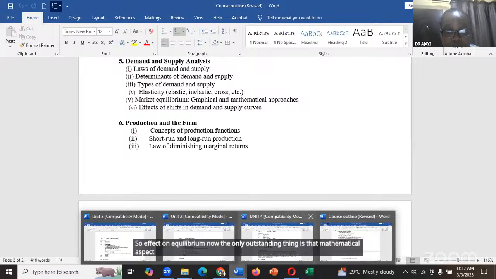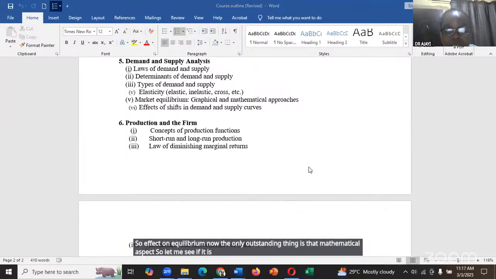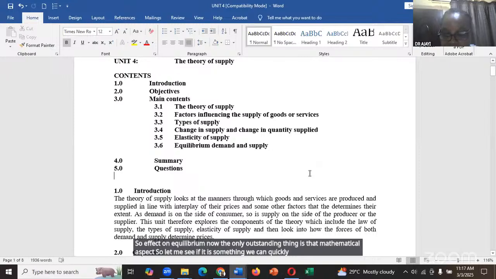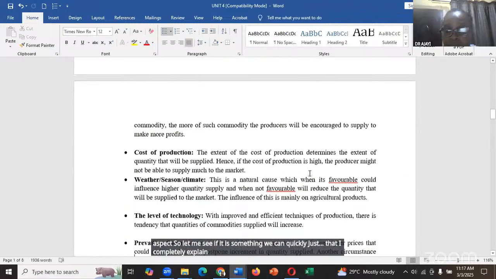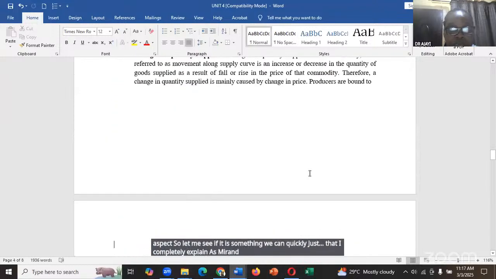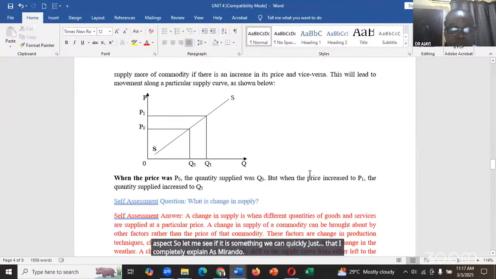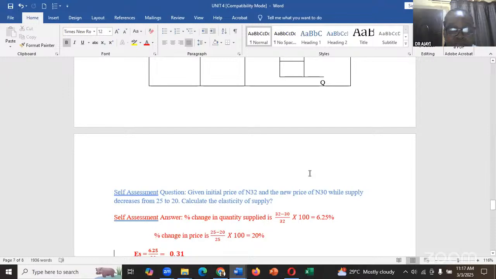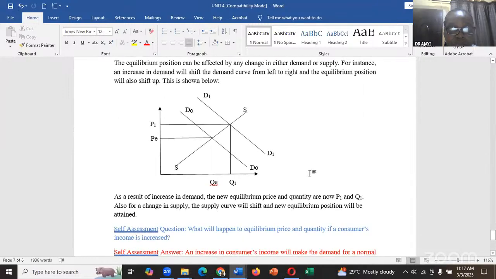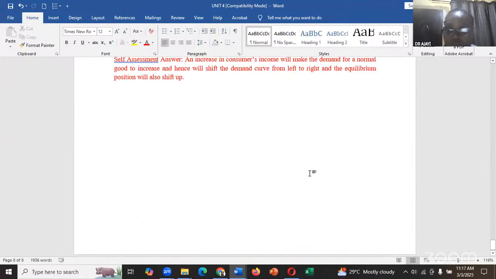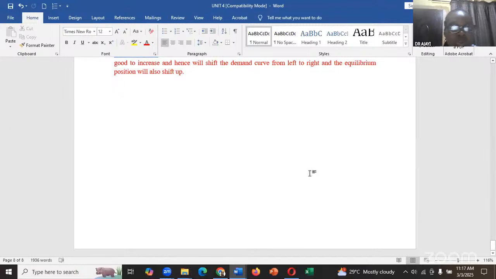Let me see if it is something I can quickly explain as we round up. For the calculation of equilibrium, if you have a demand equation, let me just give an example of QD.